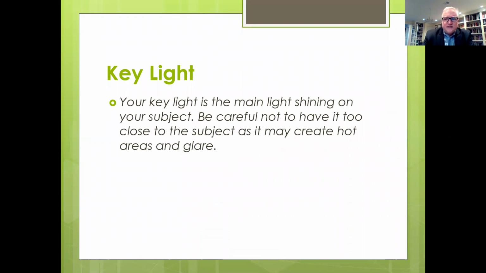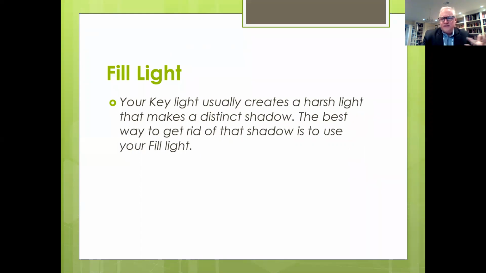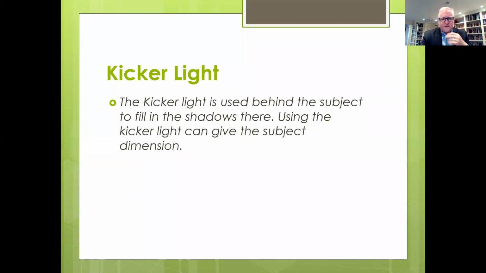Key is the sun or the ring light or whatever is the most intense thing in your lighting plot. Fill is that reflection, which I showed you I used from my iPhone. And then the kicker or the backlight gives the subject and the setting some dimension. So those puck lights behind me are really nice kicker lights on the back bookcases.